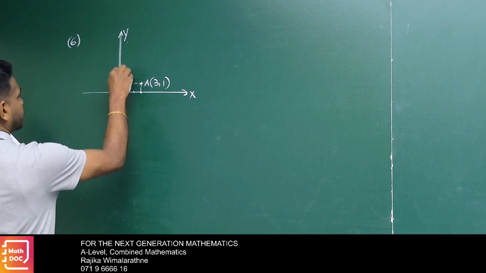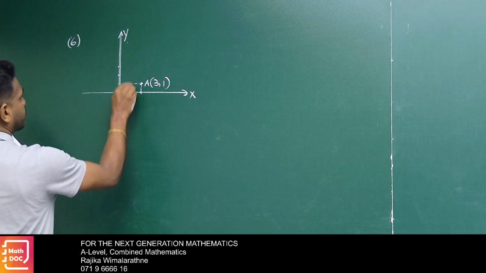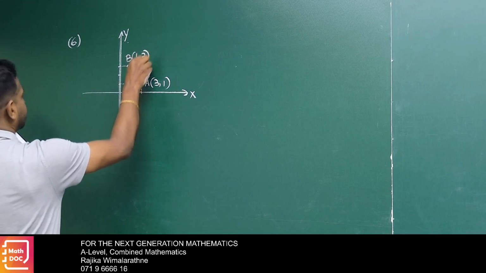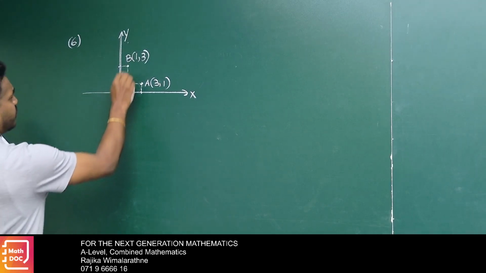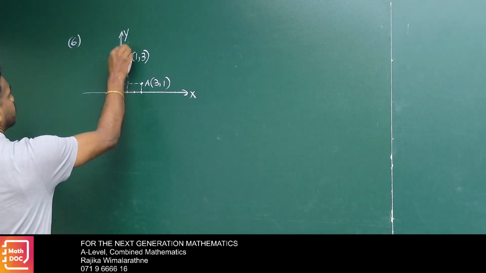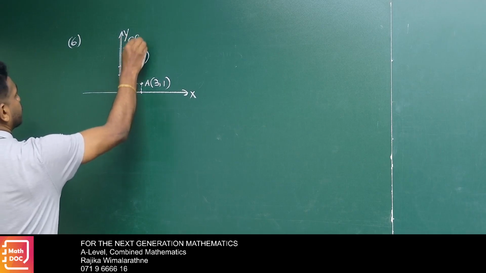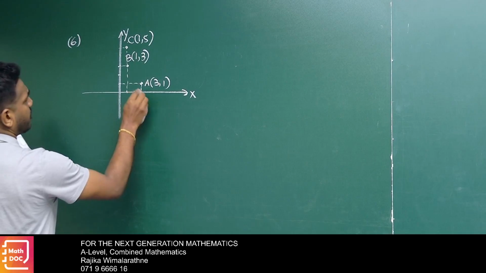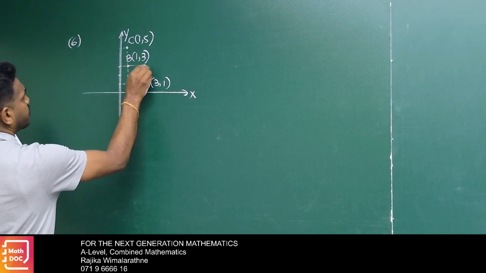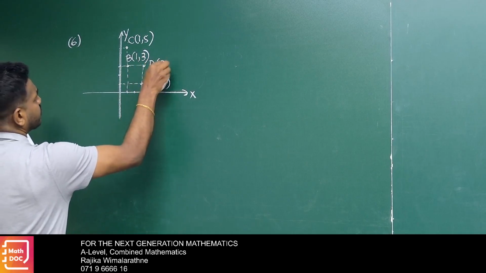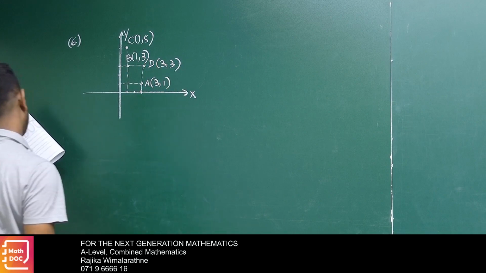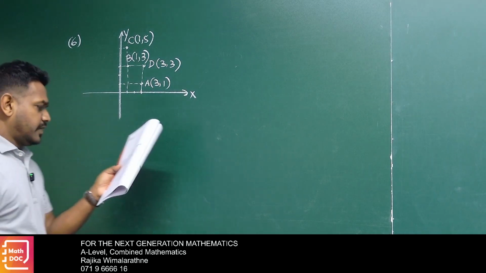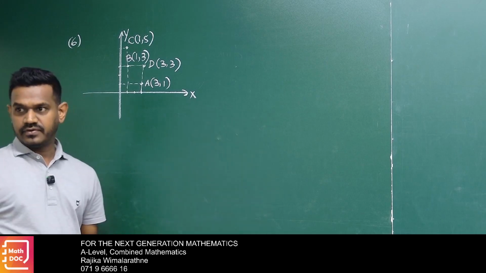B 1, 3. C 1, 5. D 3, 3. We have to show that it is a parallelogram.